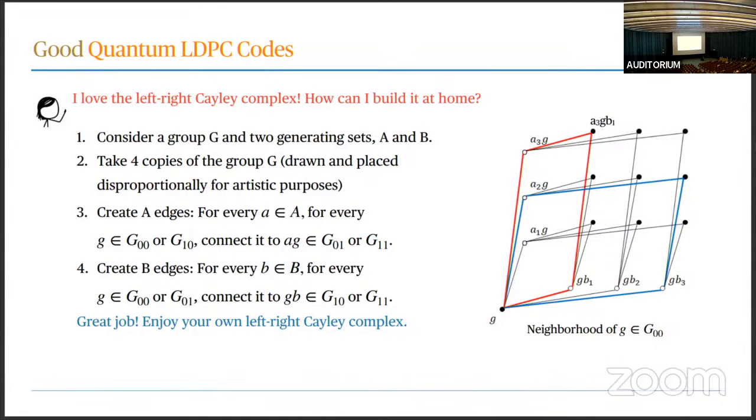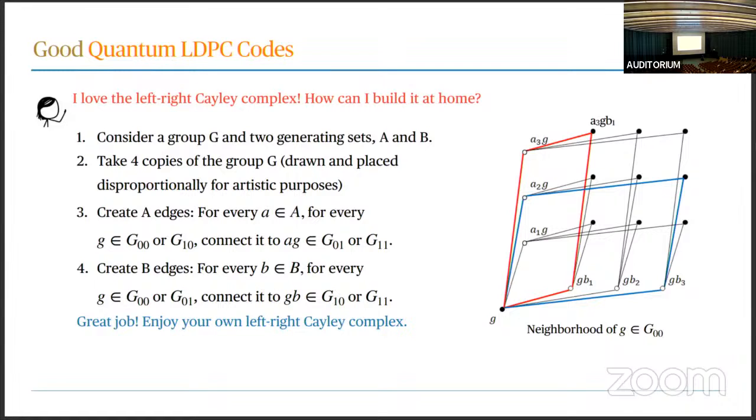And let's take a look at this local neighborhood. I created a bunch of A edges going up. I created a bunch of B edges going to the right. And when I look at these two types of edges together, I really see a lot of squares. Where did those squares come from? The squares come from the fact that if we look at this red square right here, you're going to connect the vertex G to A3G and to GB1.